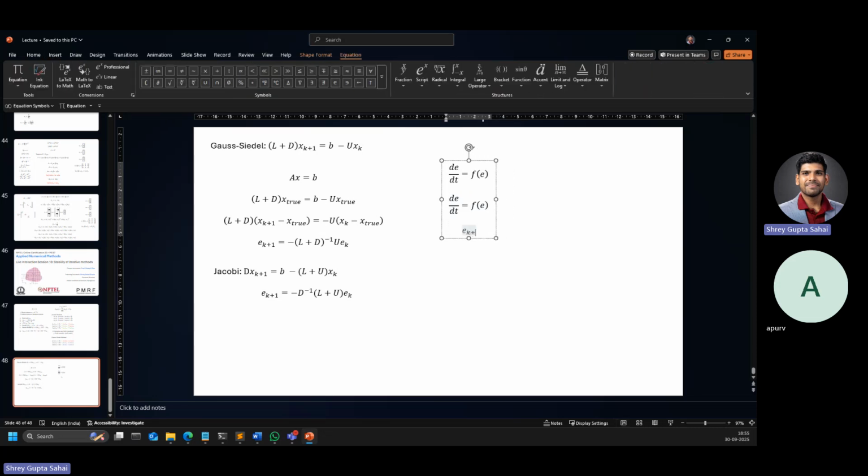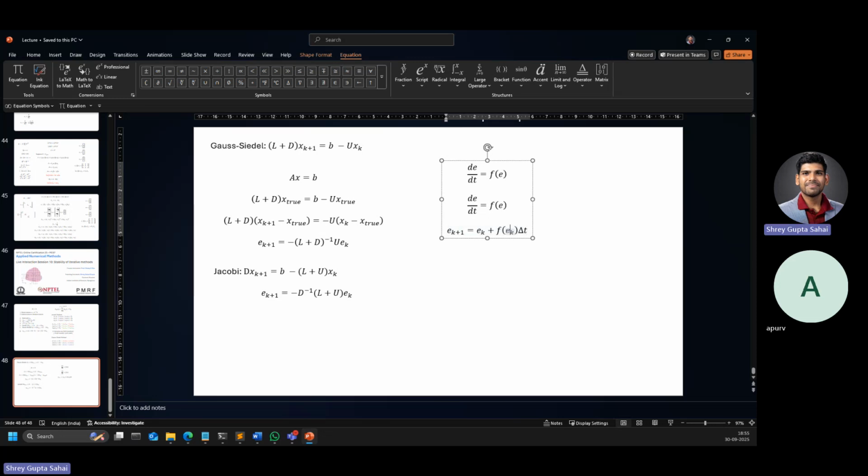So we know that e k plus 1 minus e k will be f(e k) times delta t, and then you can take this thing on the other side.